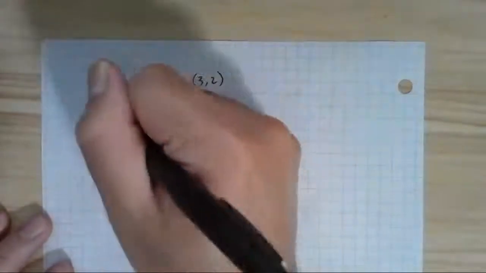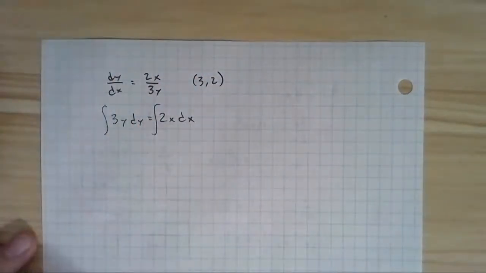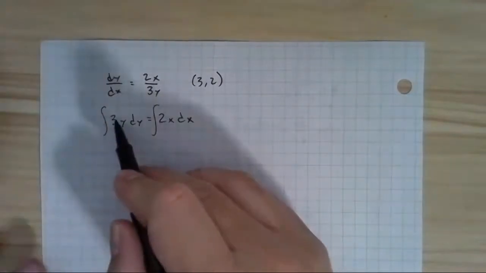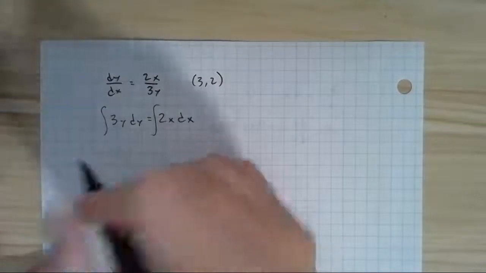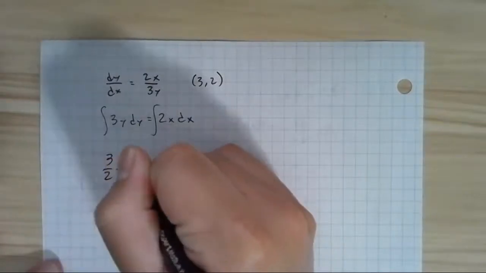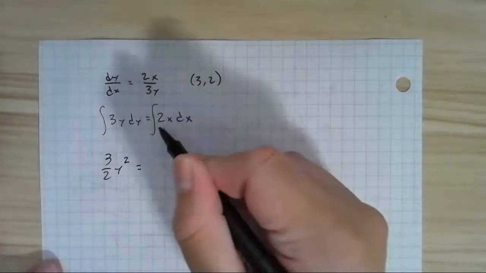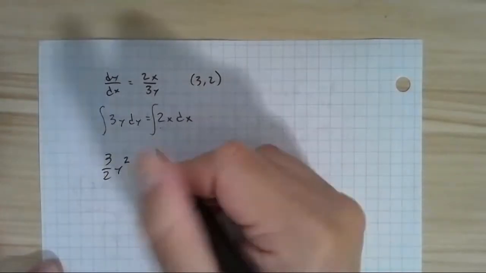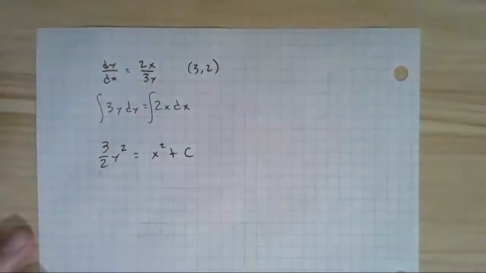A much more express way to do this. So now I can set up the indefinite integrals here and add 1 to the exponent. I get 3 over 2 y squared is equal to, add 1 to the exponent, divide by that new exponent, 2. The 2's will cancel, so x squared plus c.